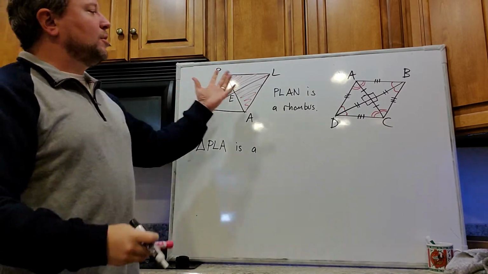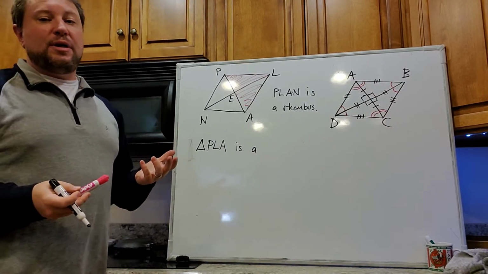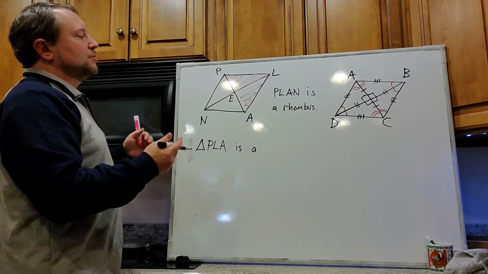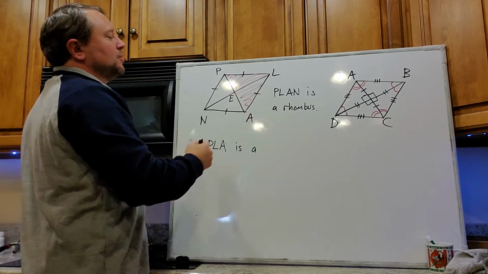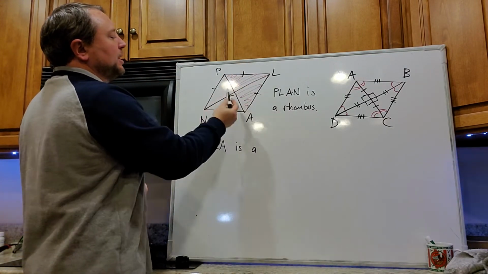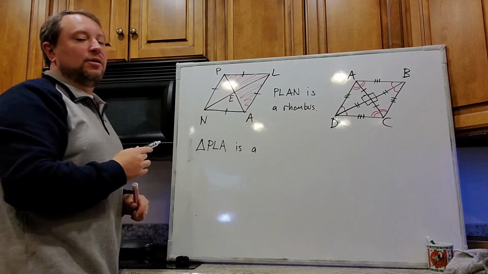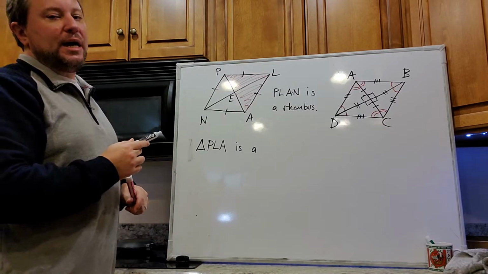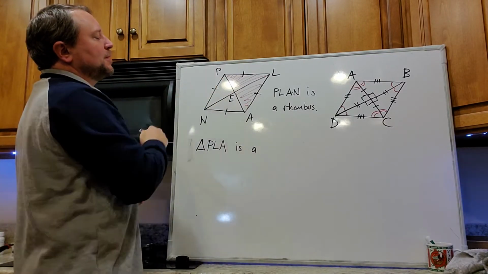Okay, and if I look back over here at our other rhombus, again, there is stuff that we can mark congruent here. Since it is a rhombus, I know that all four sides match. So in my triangle here, now be careful, don't assume this diagonal length matches those. It kind of looks like it in my picture, but we can't assume that. Okay, but I do know that all the opposite sides match.